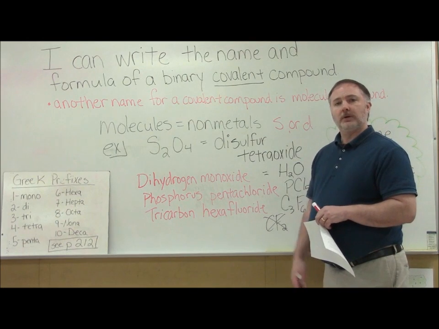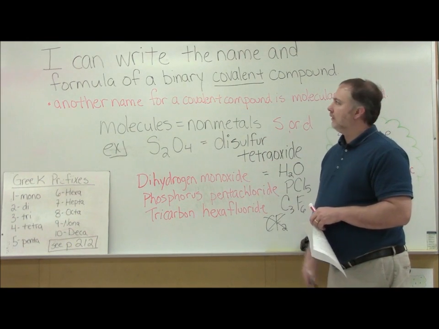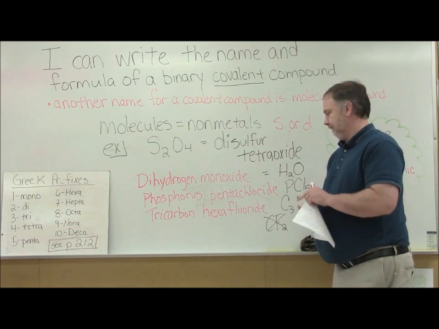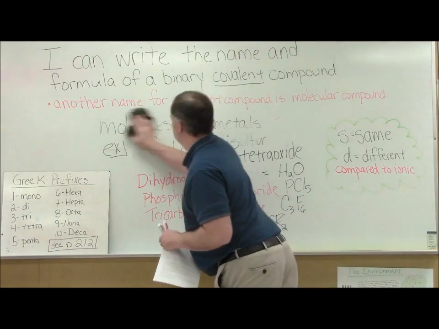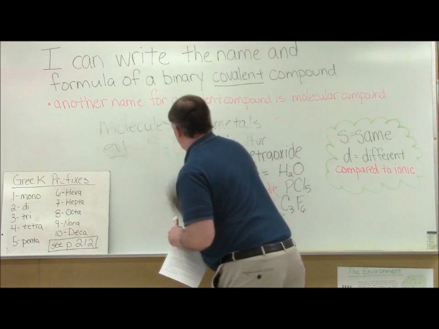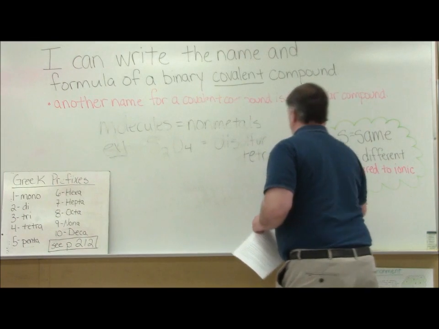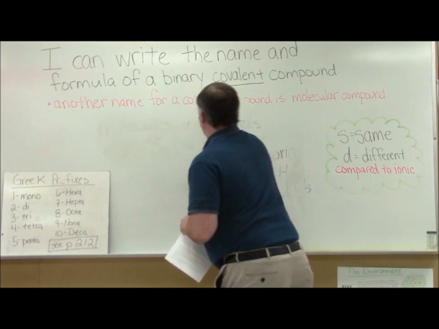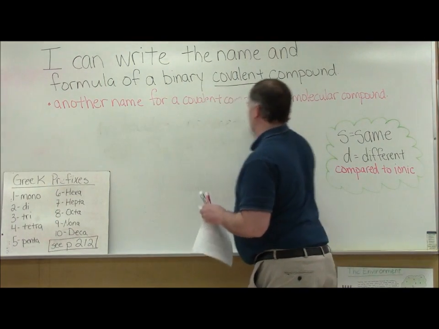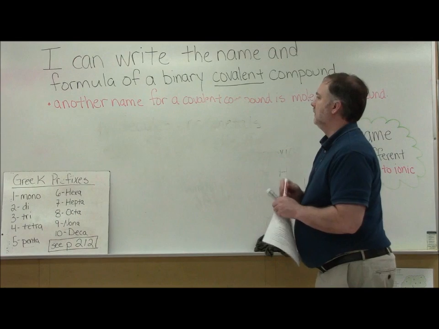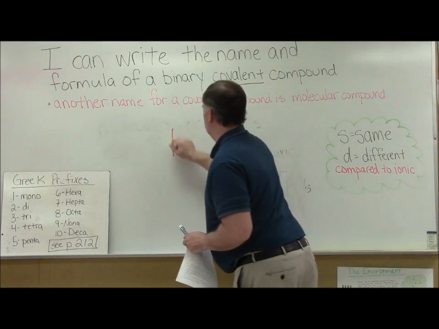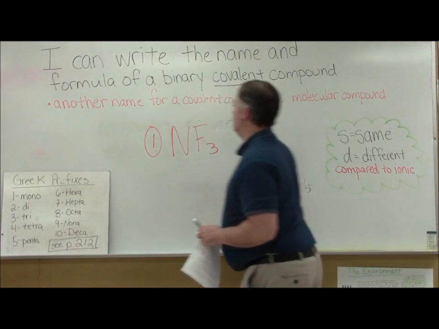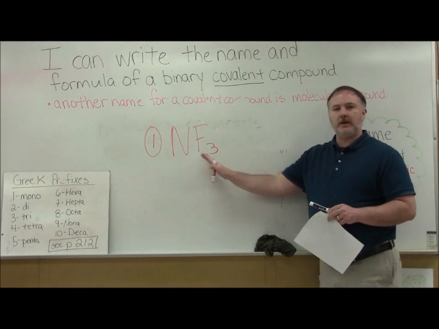Alright, so I'm going to give you 2 examples to bring to class. Be prepared to take a quiz. Hint, hint, hint. Number 1, I give you this formula NF3.